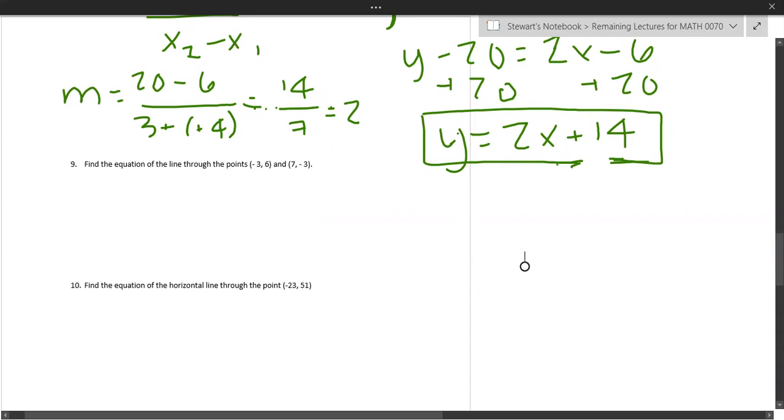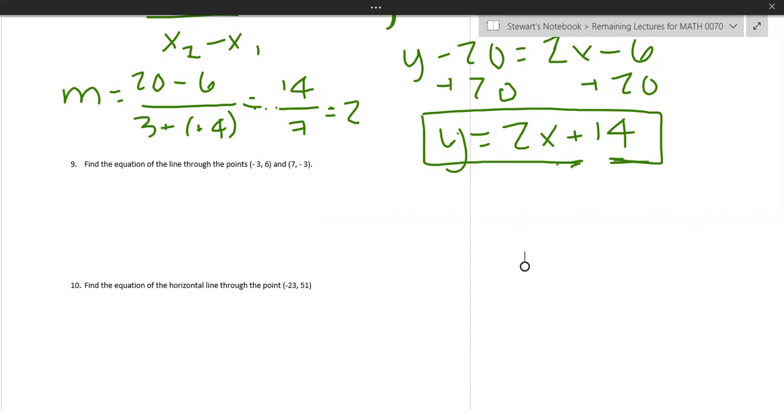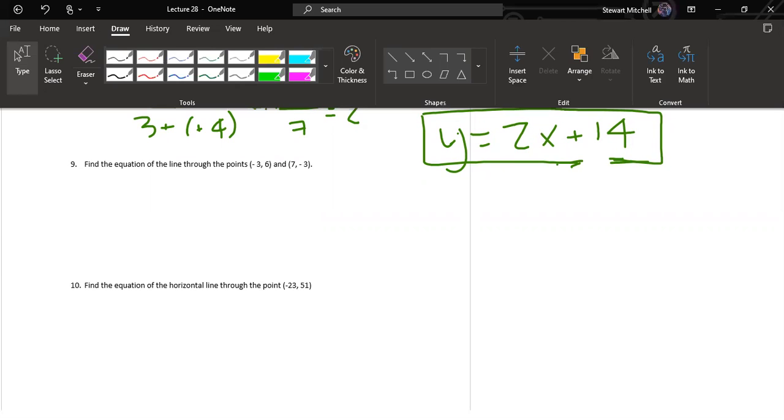So now, same thing again, we have to find the slope first.